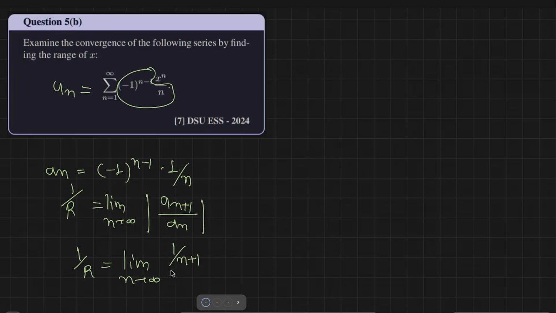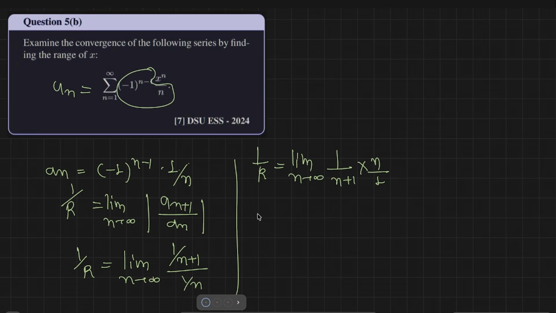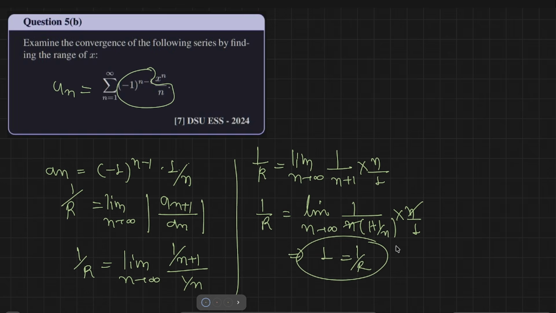So it is 1 upon n plus 1, and 1 upon n. All this is 1 by r. So 1 by r is the limit as n tends to infinity of 1 upon n plus 1 into n by 1, by taking reciprocal. Taking n common, it will be n times 1 plus 1 by n, into n by 1. This will get cancelled and this will be 1. So 1 is equal to 1 by r. So it means r is equal to 1.